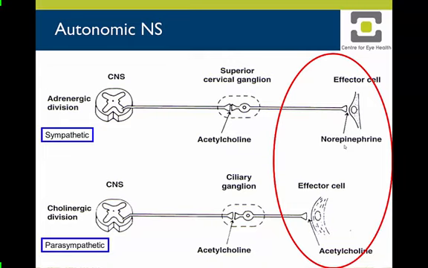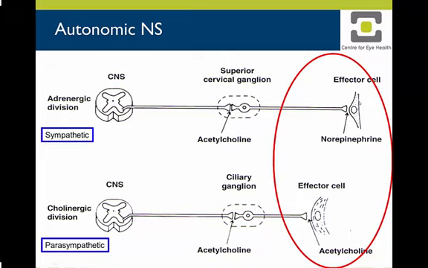So if you put apraclonidine in the eye, what you can get is slight pupil dilation, because it's activating this receptor. And the other thing you can also get is lid retraction.